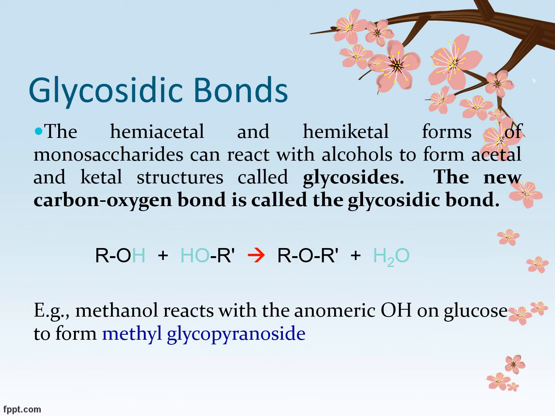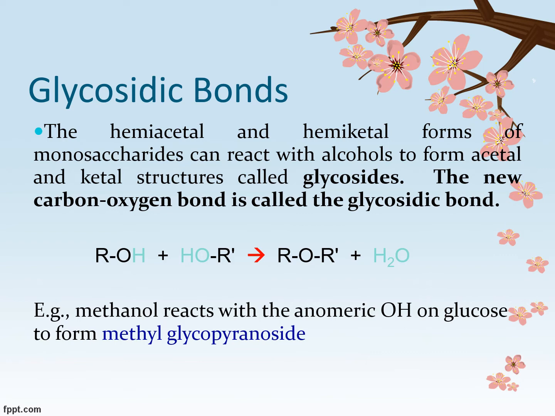Now, the hemiacetal and hemiketal forms of the monosaccharides can react with alcohol to form acetal and ketal structures, which are called glycosides. The new carbon-oxygen bond is called a glycosidic bond, and this glycosidic bond does not have reducing property.